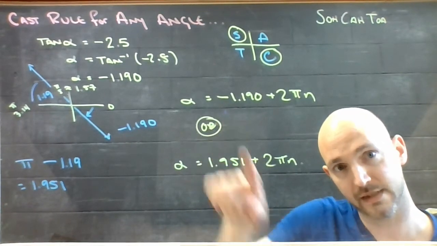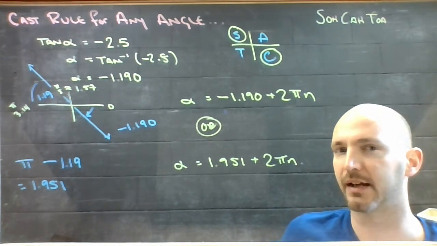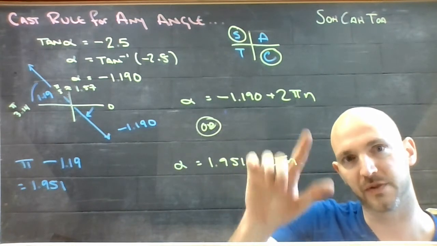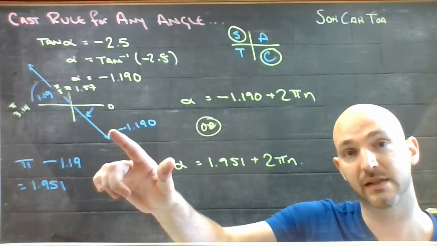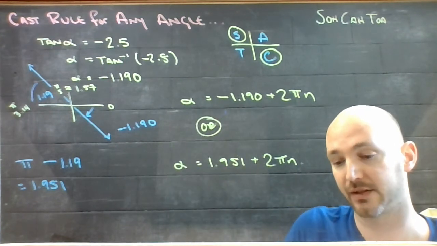Now this is maybe bad grammar. Maybe shouldn't be returning a negative angle. You should probably return a positive one. So I could accomplish that by going from this place and doing a full rotation. So I just have to add a 2 pi to it.